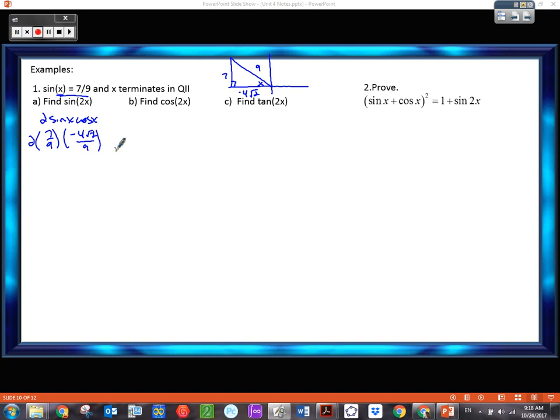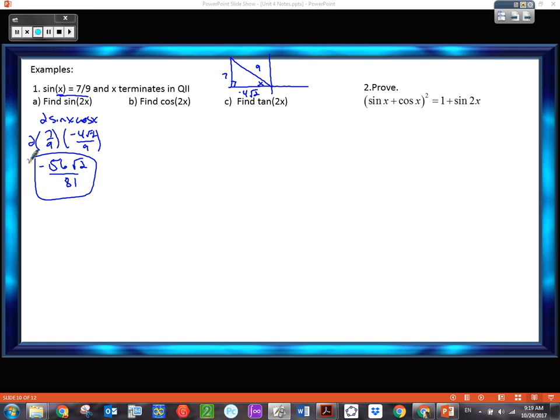Okay, now it's just a matter of cleaning it up, with lovely algebra or arithmetic. So what do we have? We have 2 times 7 times 4 gives us 56, which is negative 56√2 over 81. And that's our first problem using double angles. Are we okay with that?